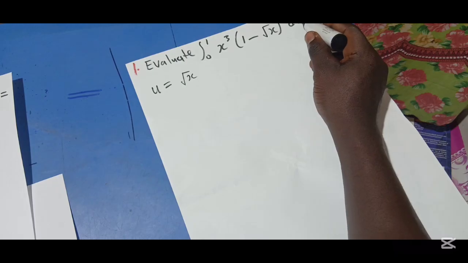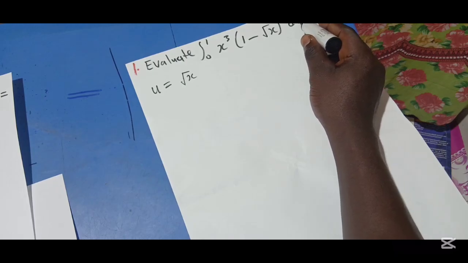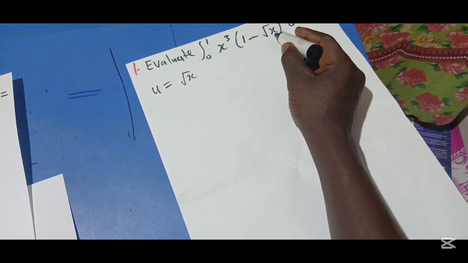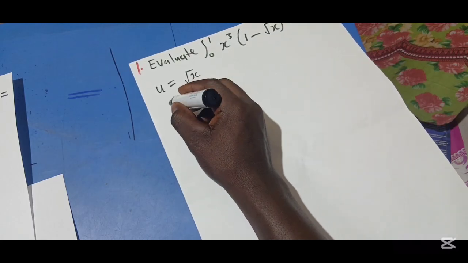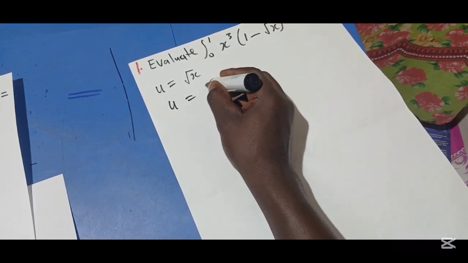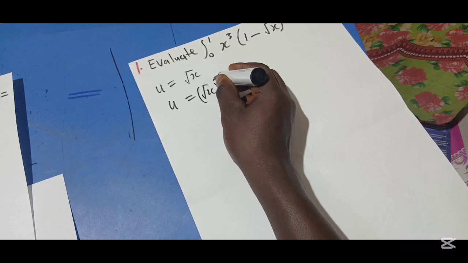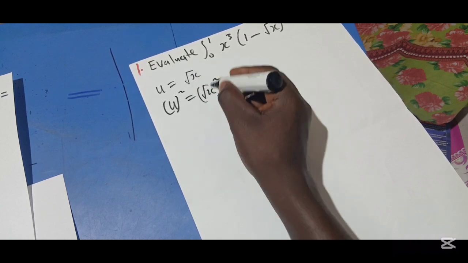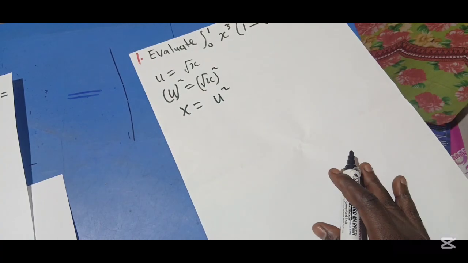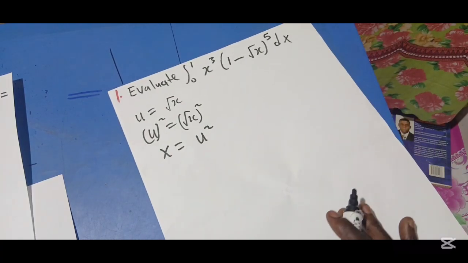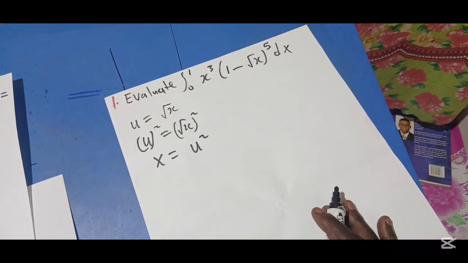And now we said u equals this. So solving for x, just squaring both sides, we get x to be u squared. Now we know the value for x.